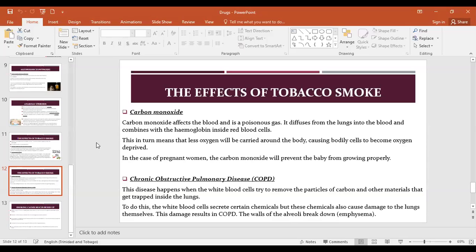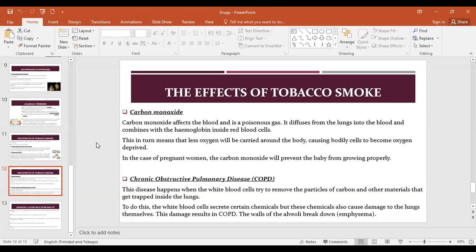And you will not have as much oxygen as compared to if you weren't smoking. So persons who are smoking won't be able to do a lot of physical activity for as long as a person who is not smoking, because they will always be breathing heavily because they're not getting enough oxygen because of the carbon monoxide from the cigarettes, right?